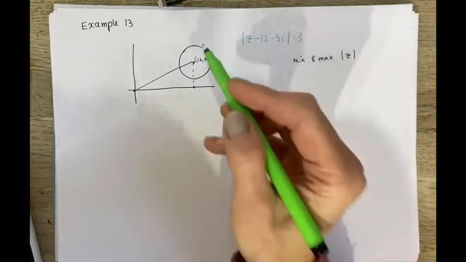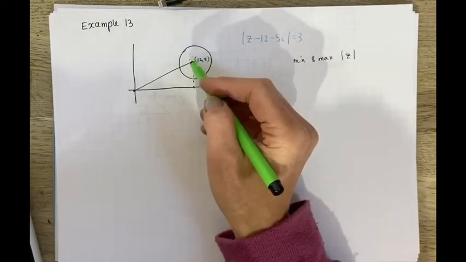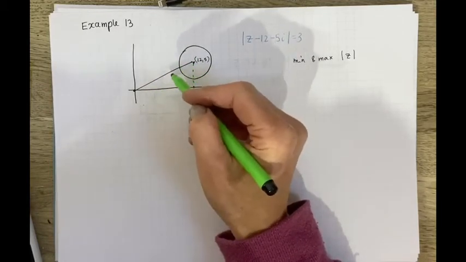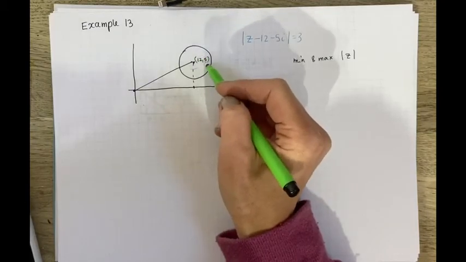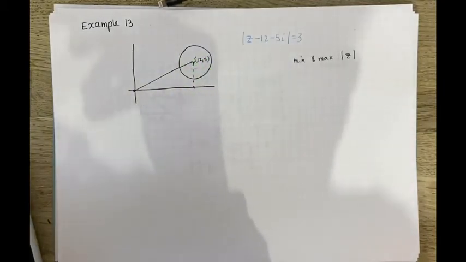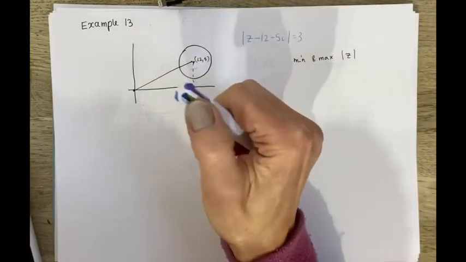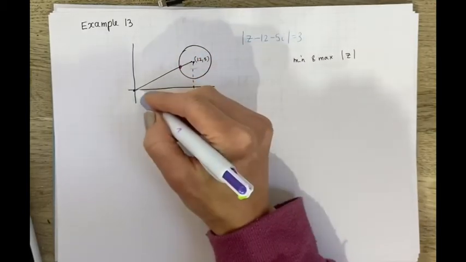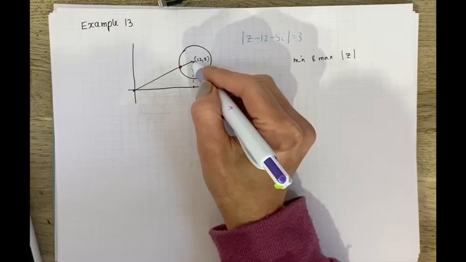So we are looking for the closest point to the origin on the circle and the point that's furthest away. So visually you can see that the point that's closest to the origin is going to be this one here, which is on the line joining the origin to the center.